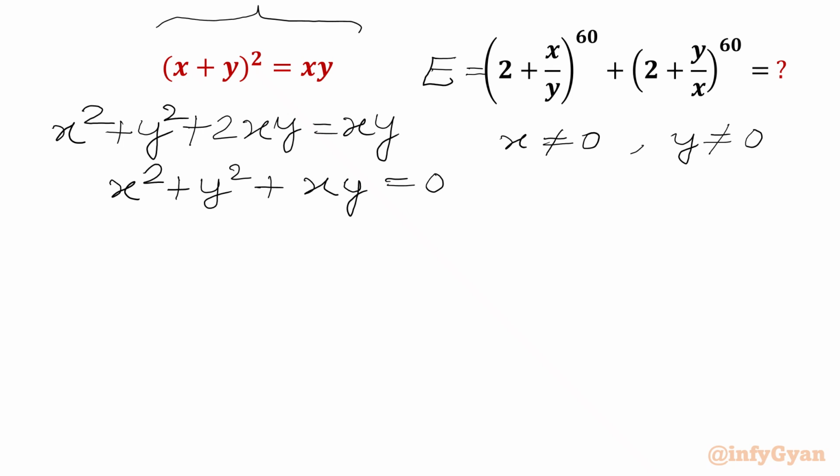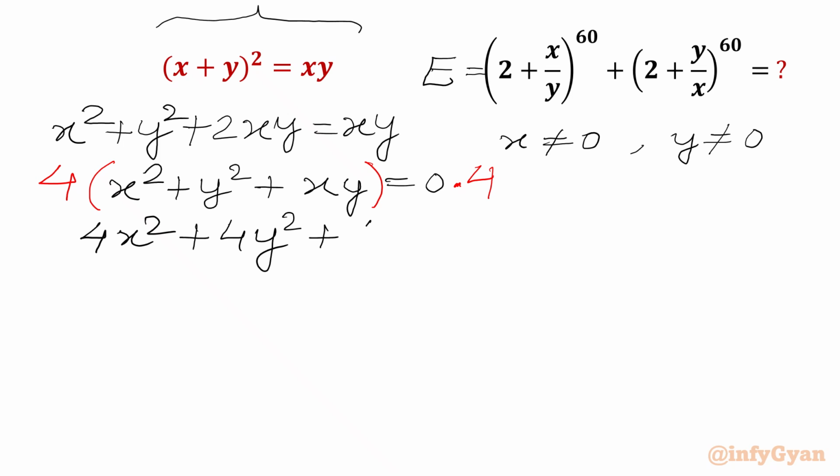Now we will multiply our equation by 4 on both sides. Now we can write our equation 4x^2 + 4y^2 + 4xy equal to 0.